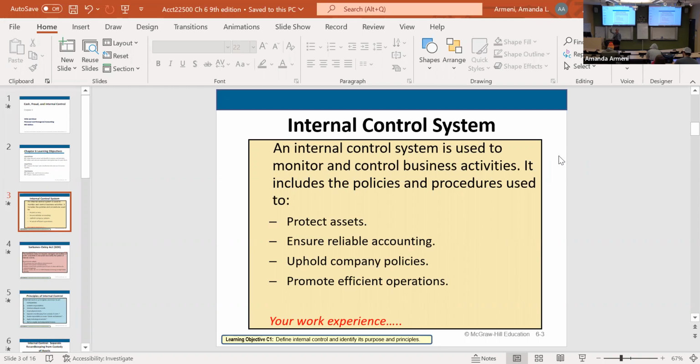Has anybody had to fill out a time card as in work study at Hiram College? Does someone have to sign off on that time card? Who has to sign off on that time card? Probably different people for each of you, but a supervisor. That's an internal control. They're making sure that, Jared, you actually did work these hours. Someone of authority is going to sign off. Yes, I saw him. He was here, so on and so forth, right?